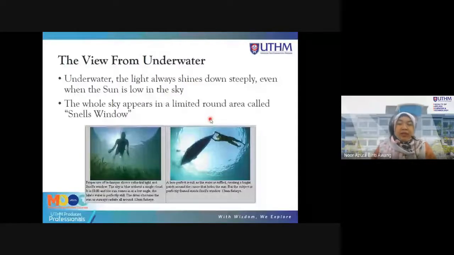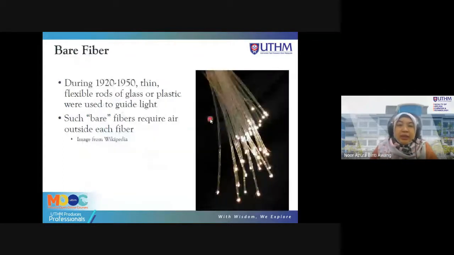In our life, in our world, as long as we have light, we can see how light is useful to us. During 1920 to 1980, bare fiber, or a thin flexible rod of glass or plastic, was used to guide light.